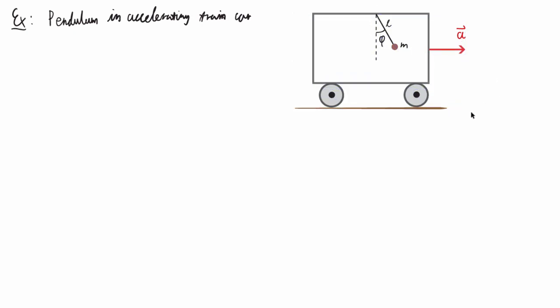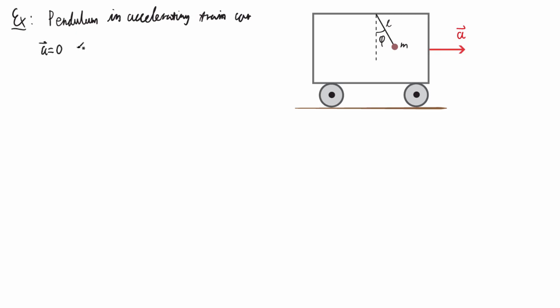So we've already looked at this, so you should be familiar with this. We have a train car here, which is accelerating to the right with some acceleration a. Inside we have a pendulum subject to gravity, which is acting downward, and will then oscillate back and forth around some equilibrium.